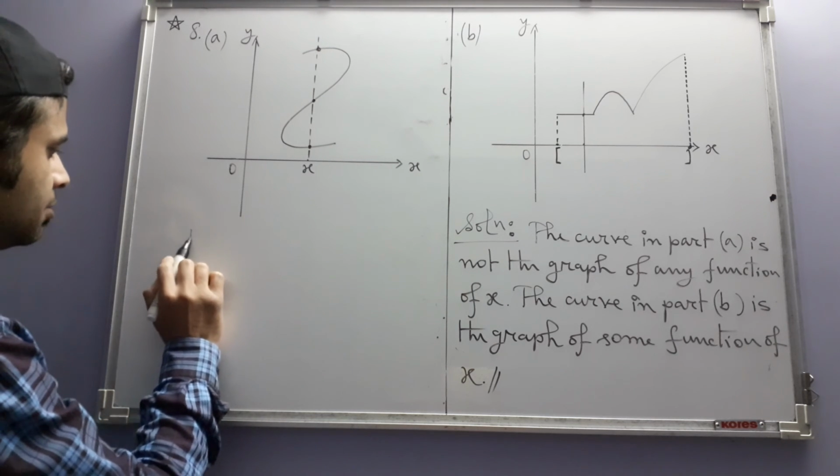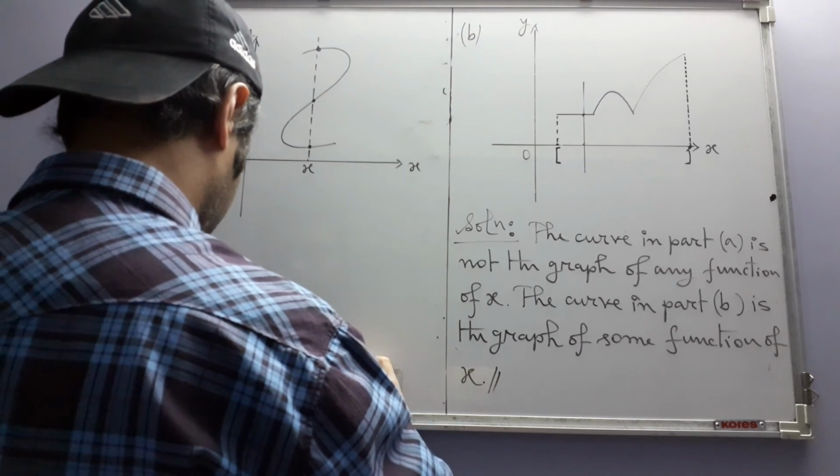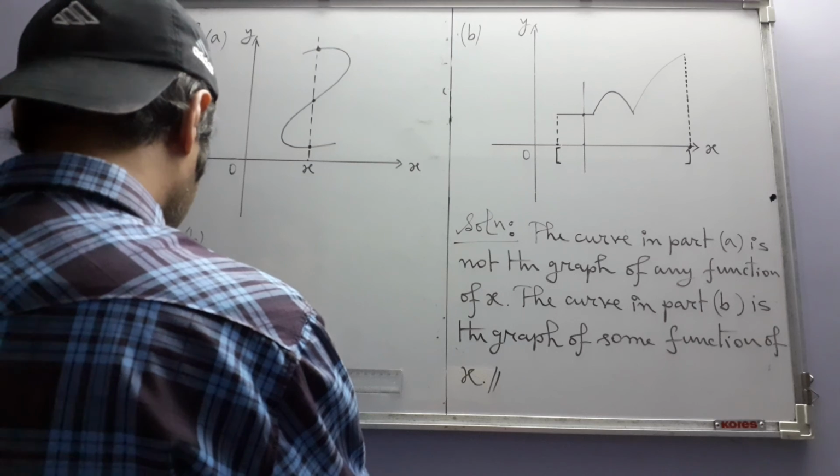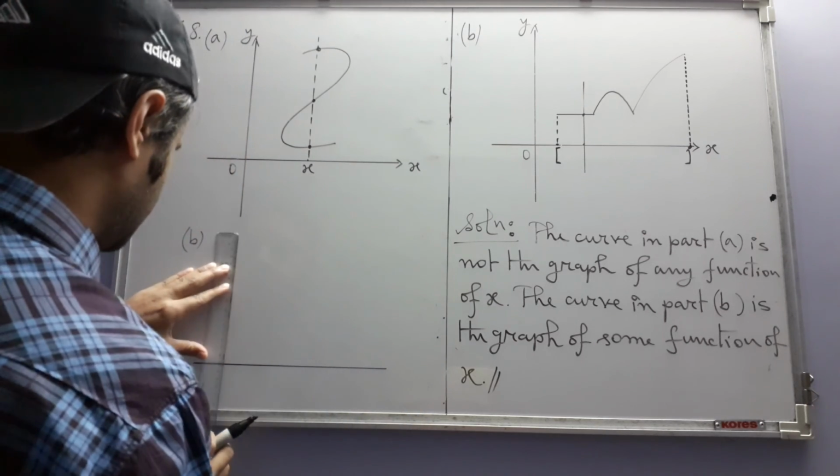But what about part B? Part B also is not the graph of any function. In fact, it's an ellipse.